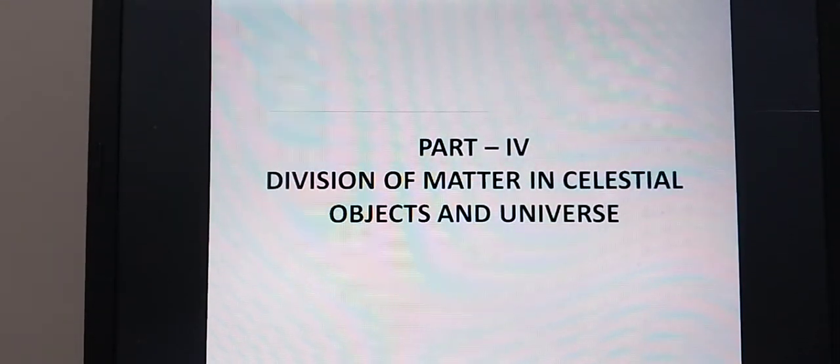So this is the end of part three. In part three, we explain how the geology of the Earth came in such a special structure, special pattern.